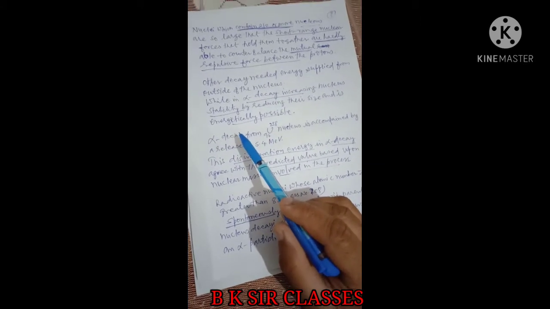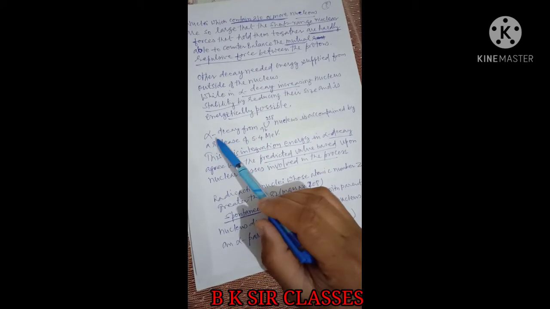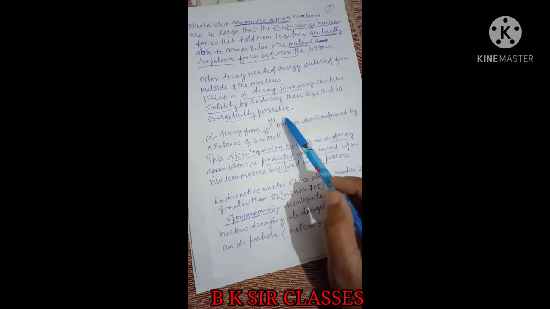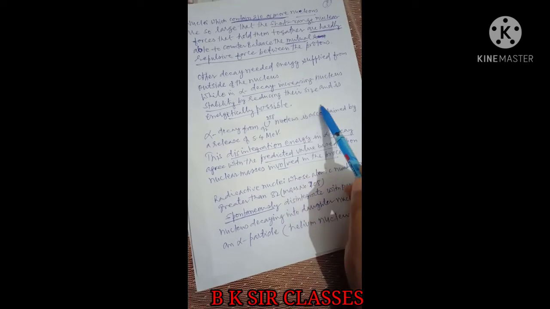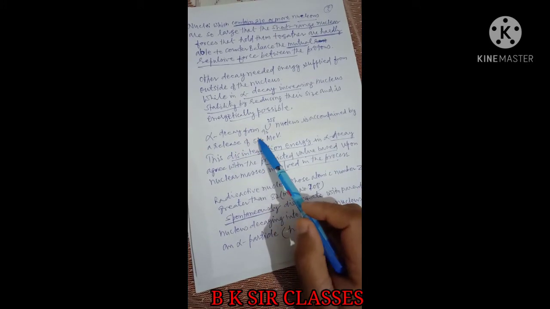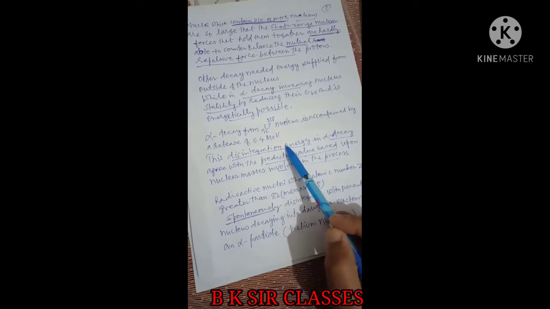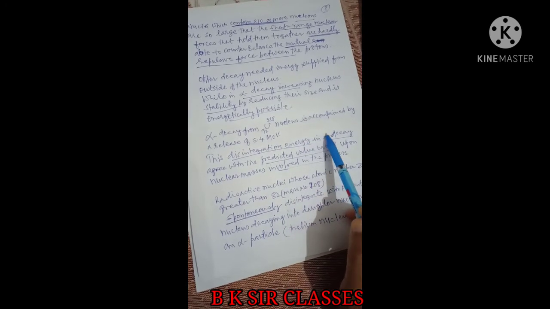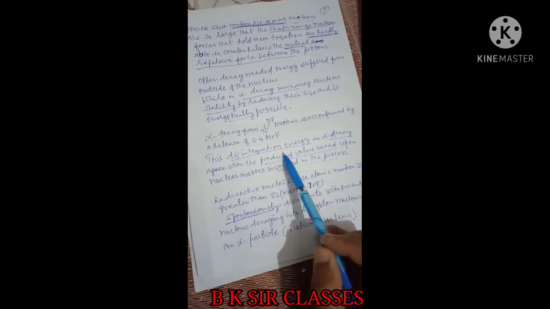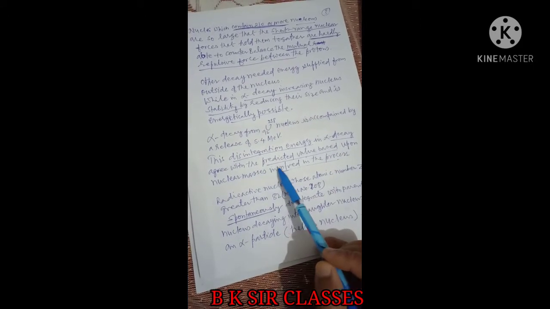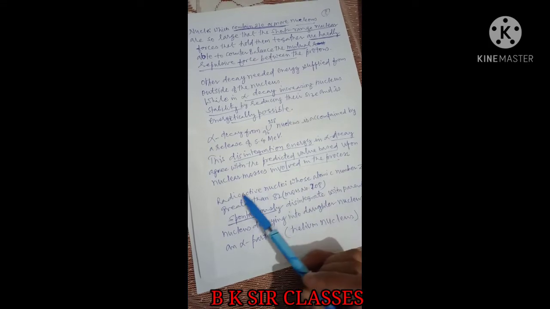In this we can discuss that alpha decay of uranium-92, 238, is accompanied by a release of 5.4 MeV. This disintegration energy of alpha decay agrees with the predicted value based upon the nuclear masses involved in the process.